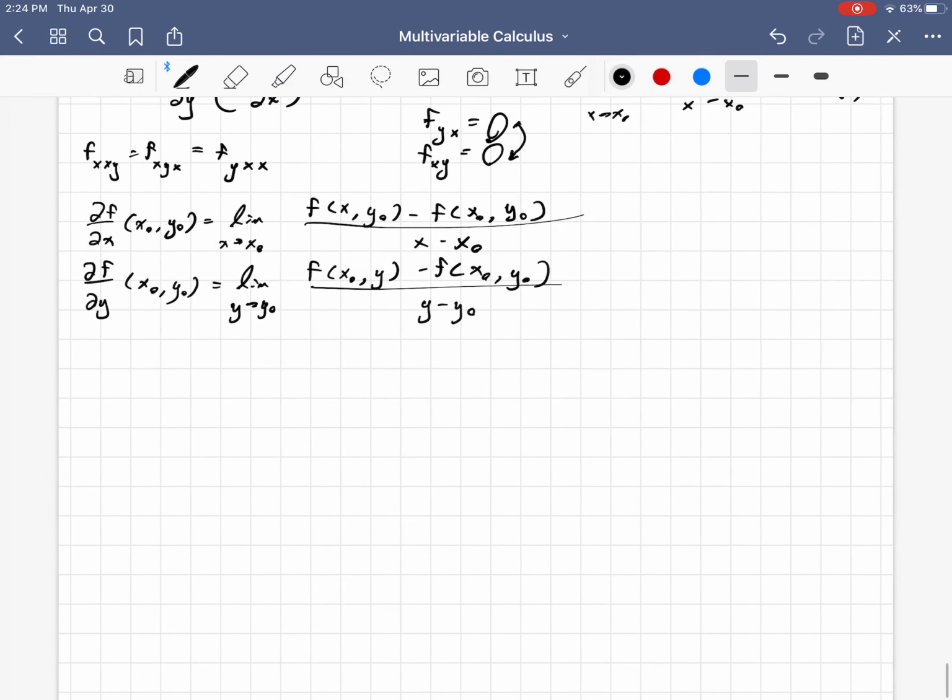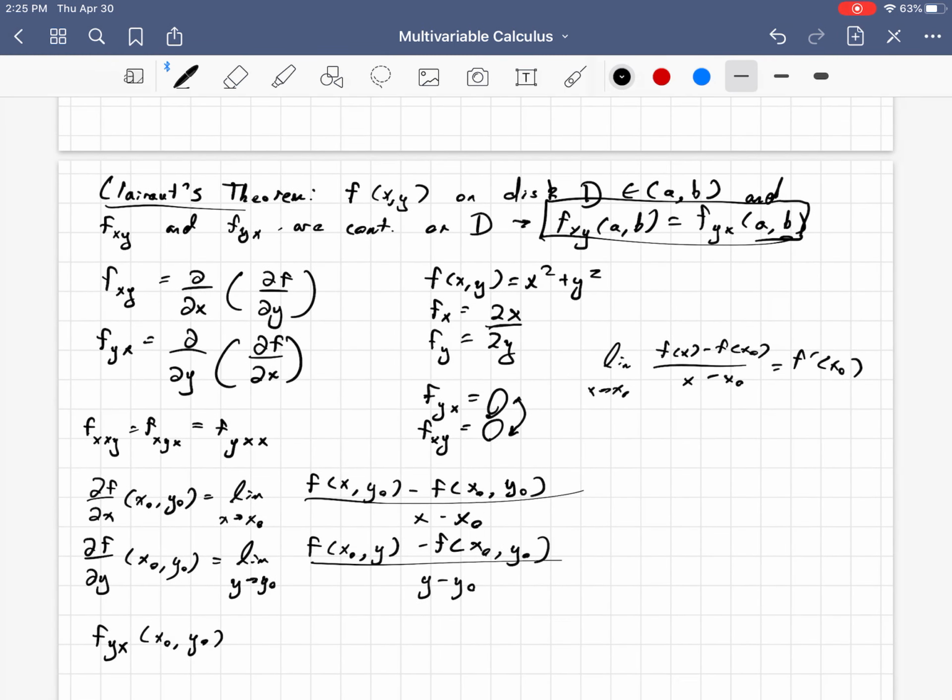Now here's where it starts to get a little variable heavy. So now, let's say I'm going to take f sub yx. So I'm going to take the partial with respect to y of the partial of f with respect to x, and I'm going to evaluate it at the point x naught comma y naught.